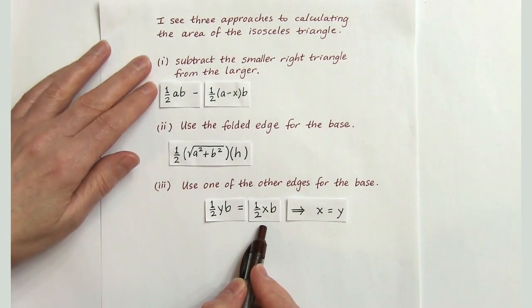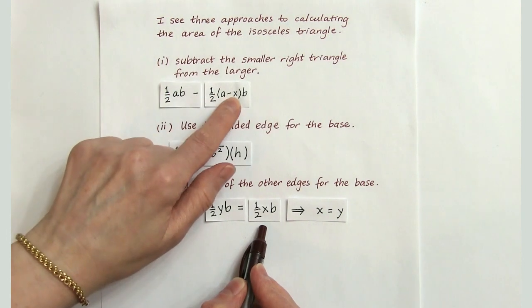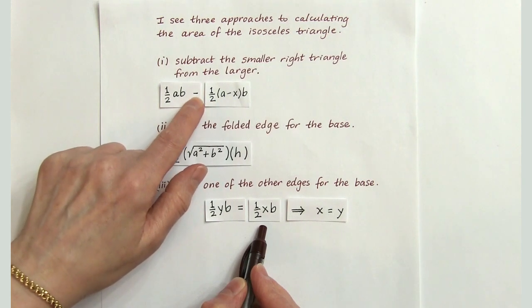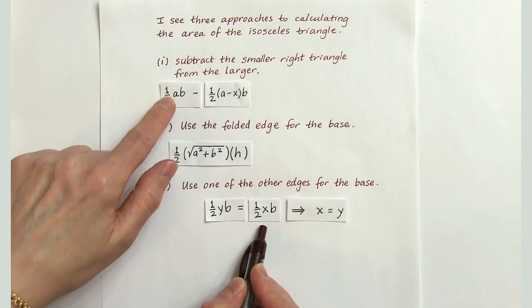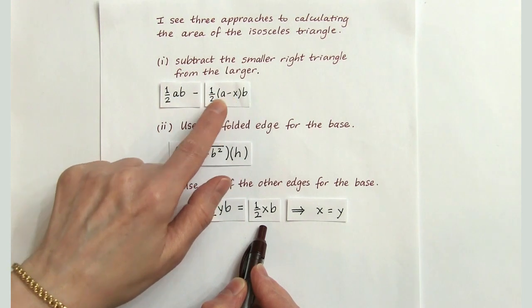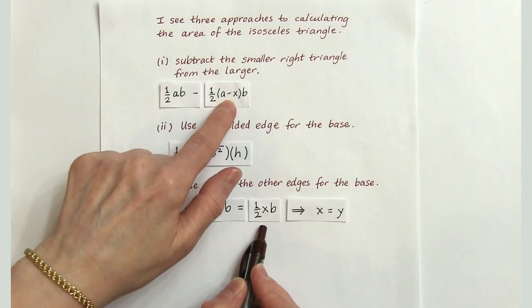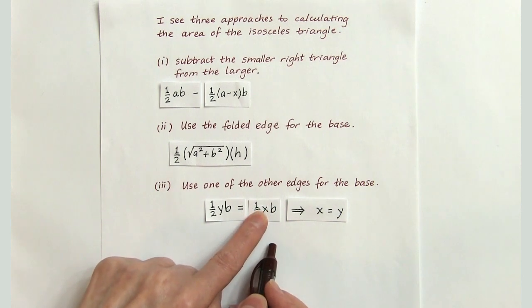This option is actually the same. If you look at the algebra, this will simplify down to exactly that, because this minus sign, and when I multiply 1/2 ab, will subtract from the 1/2 ab, and these two minuses will make a plus, and I will be left with a positive 1/2 xb, which is the same as this formula here.